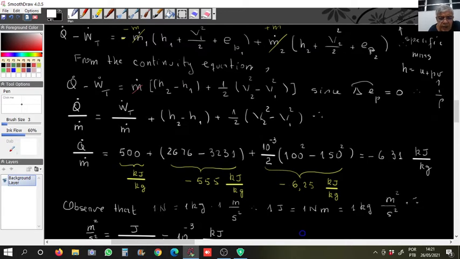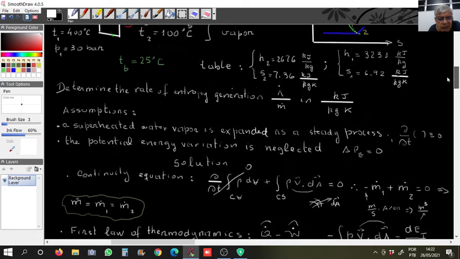Now just numbers, so see, I have all these numbers over here. This is 500, from the water vapor table. This is known because it's from the data. V2 is 100 meter per second, and V1 is 150. Let's show that.